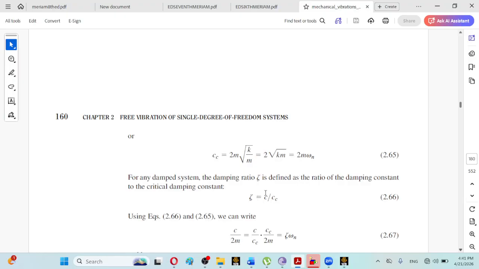So this is the ratio of the actual or real damping constant to the critical damping constant, where the critical damping constant will always be calculated using equation 2.65. This is the design equation: if we are designing some system and want to know the critical damping constant, we simply multiply its stiffness, which is determined experimentally, by its linear mass, take the square root and multiply by 2.